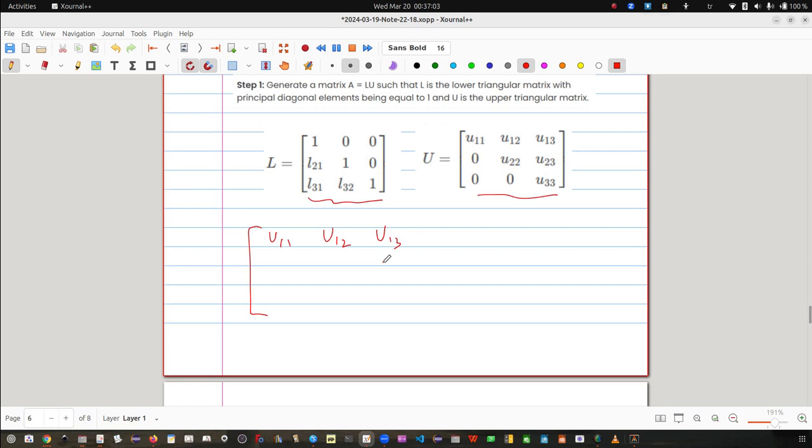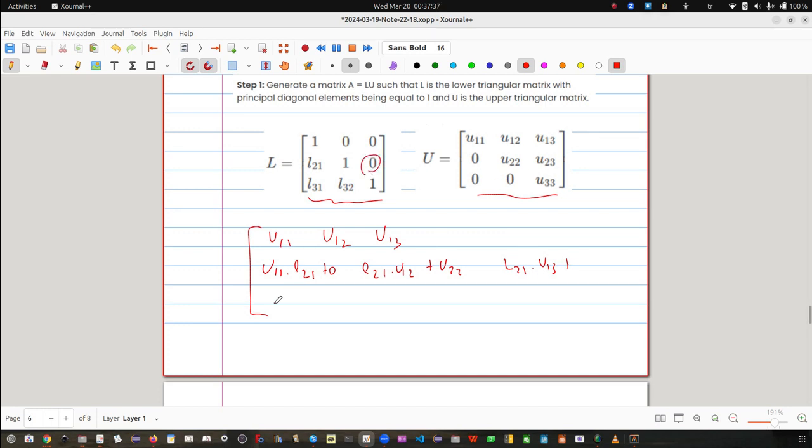And then the second row is L21 times the top row plus the second row. So it means U11 L21 plus 0 in this case. The second element is L21 times U12 plus U22. The third one is L21 times U13 plus 0 because the corresponding one is 0.